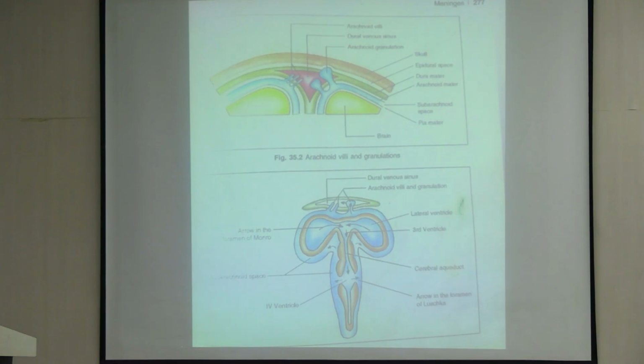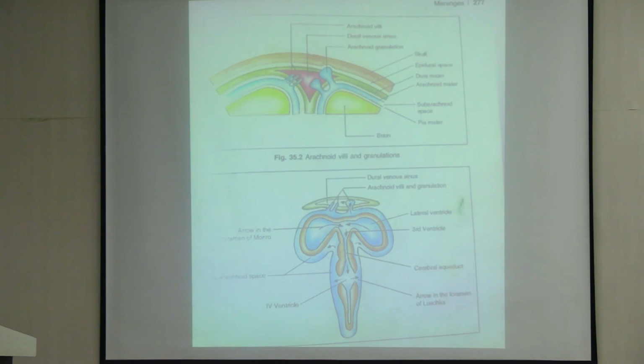What is the difference between the dural venous sinus and normal veins? In the wall of the dural venous sinus you will get no muscle layer, but in case of veins you will get a muscle layer.